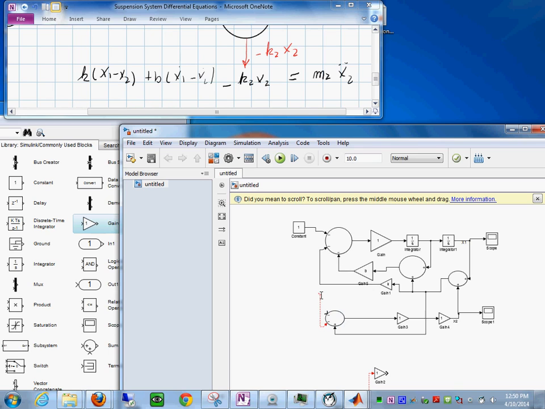And this would be to put this one in here, and then we have m2 x2 double dot.